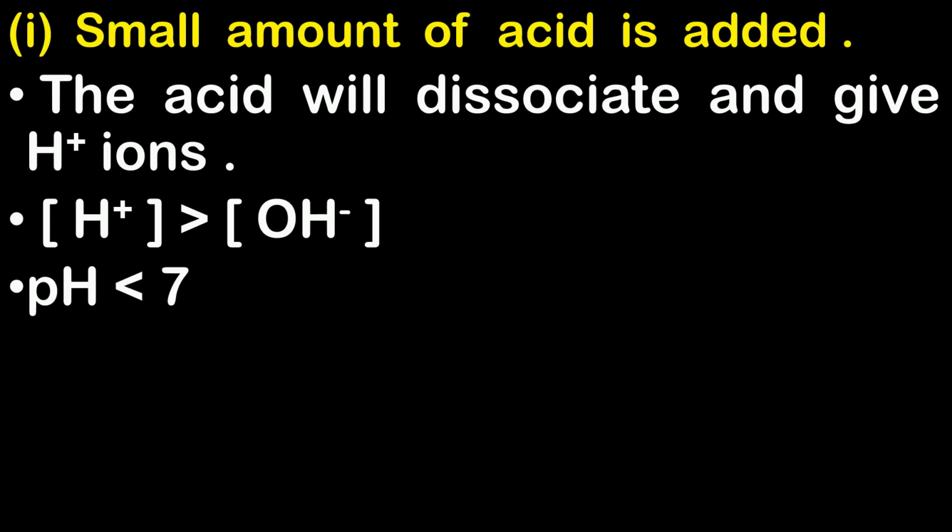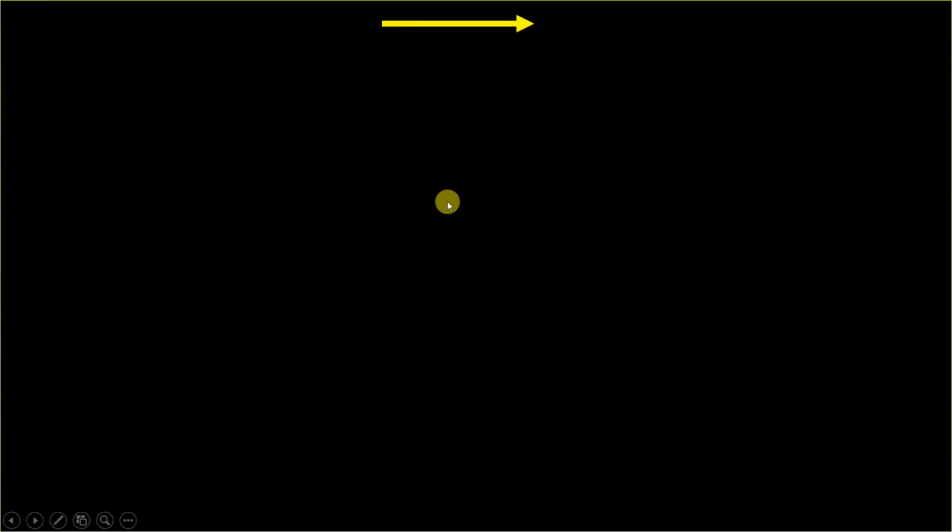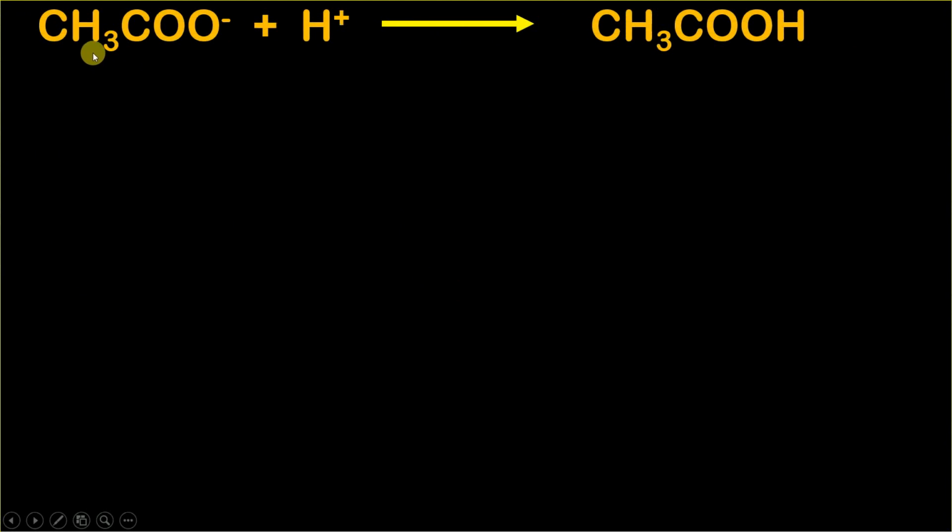Now we all know that there is a speciality of a buffer solution: it does not allow the pH value to change, and here the pH value is changing and becoming much lesser than 7. So what will the buffer solution do? As we all know, the buffer solution has CH3COO minus ions which are already present.